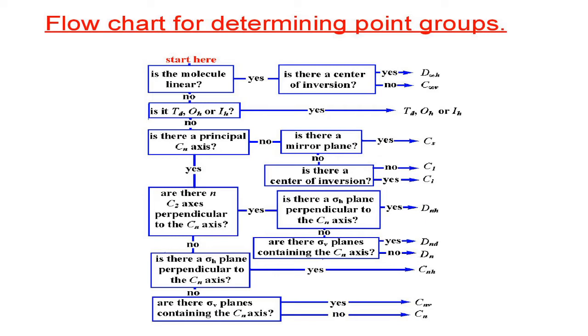Then, coming to the point: is there any principal axis? Yes. If there is any principal axis, then this is categorically divided into two ways. One is D and the other one is C. How can we assign the point group as D and how can we assign it as C?